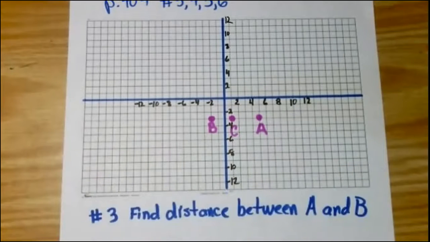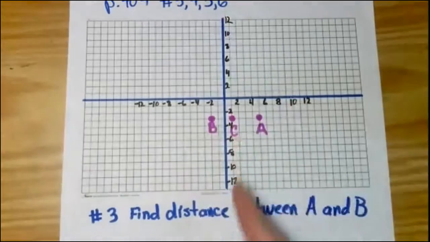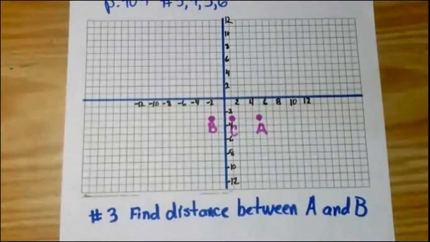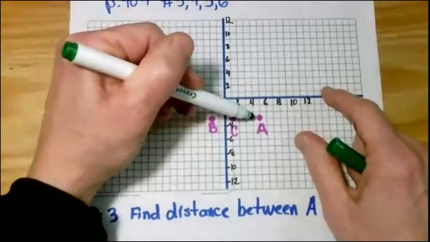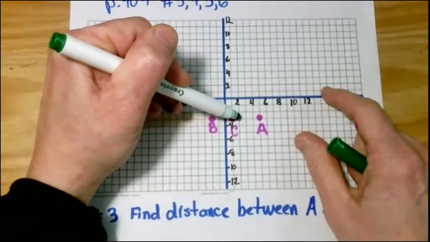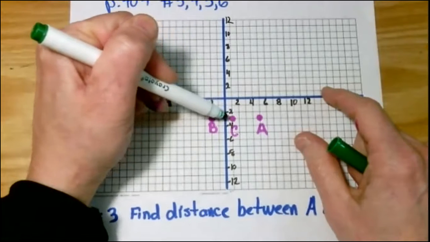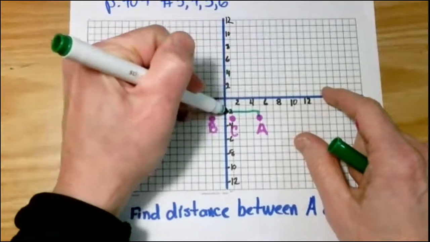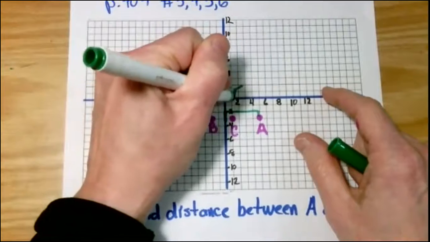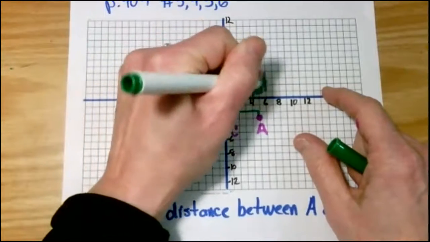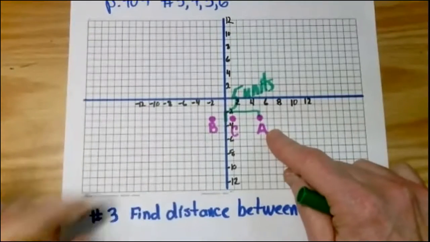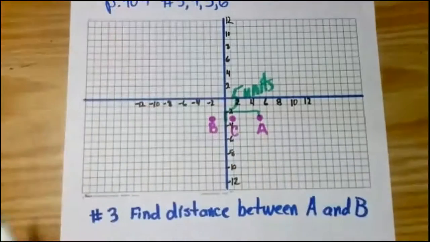So we're going to have to count units up to the y-axis. So let's count 1, 2, 3, 4, 5 units. So it's 5 units from A to the y-axis.